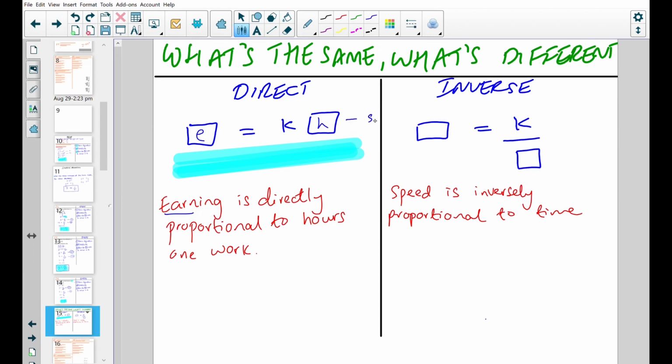That would be step 1. On the right hand side, speed is inversely proportional to time. Again, this will be step 1. Then the next step, you will need to substitute, and then for the final answer, substitute back the k value into step 1, and that will be your final answer.